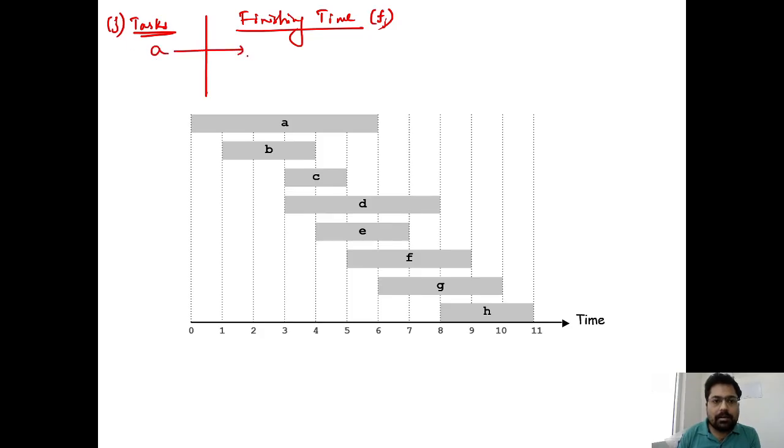A, the finishing time would be 6. Okay, B, the finishing time would be 4. Okay, C, the finishing time would be 5. D, the finishing time would be 8.